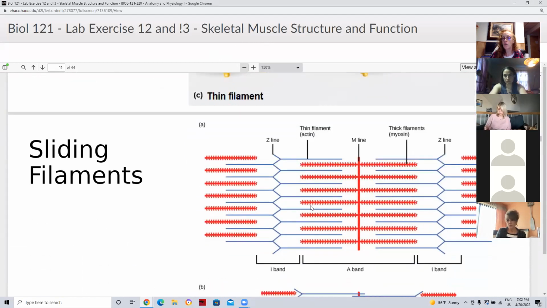When the troponin binds to the calcium, it nudges the tropomyosin so that the tropomyosin reveals the active sites on the actin where myosin binds. And then myosin can bind and pull the actin towards the M line in the center when ATP is also present.